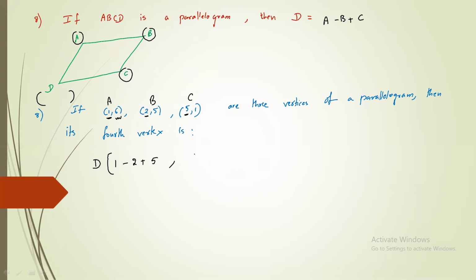Y coordinate of A minus y coordinate of B plus y coordinate of C. Or in other words, we are going to get 1 minus 2 is minus 1 plus 5, 4. 6 minus 5 is 1 plus 1, that is 2. In this way, we can get the fourth vertex. So like this, we have many more shortcut formulas, and applications of the formulas in problems, which you can learn more and more in an interesting way.